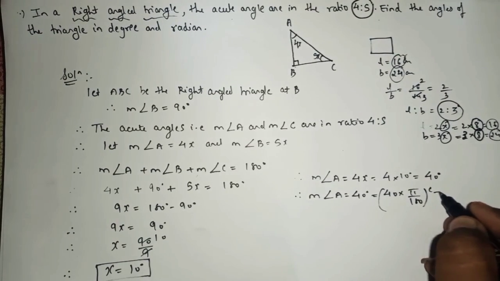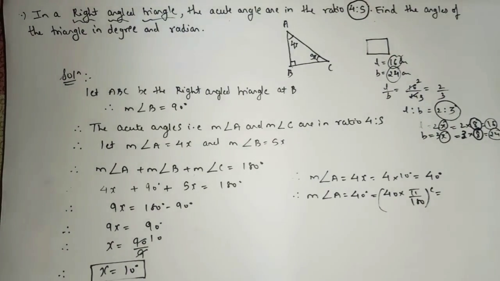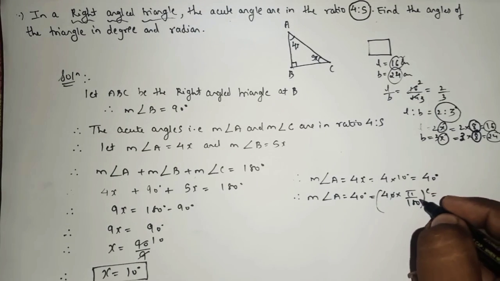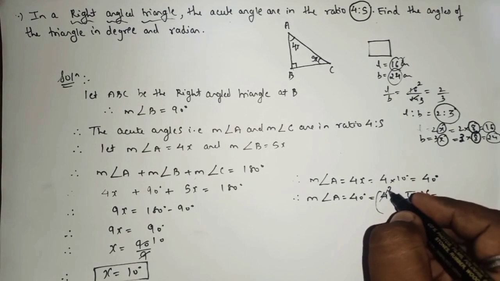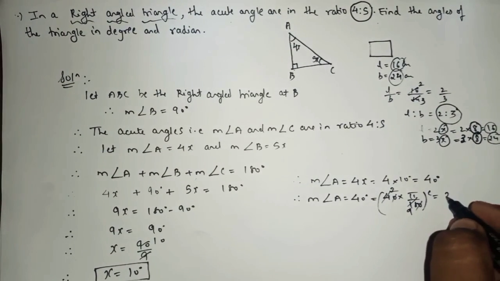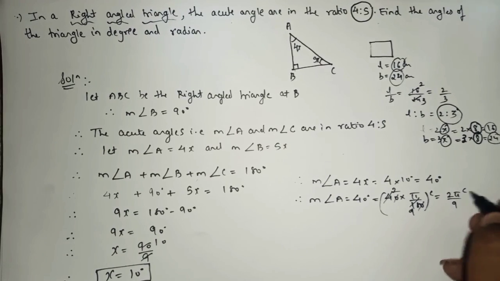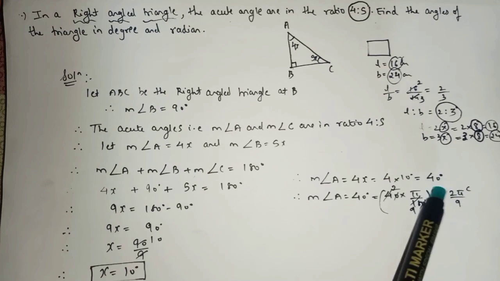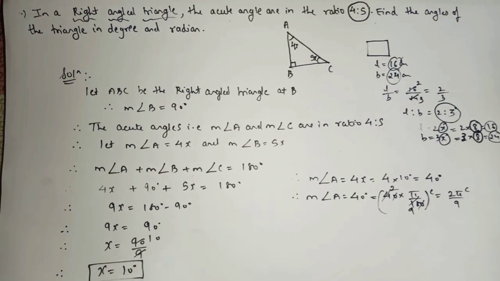Simply multiply the number by pi by 180. The 0 will get cancelled, 2 2s are 4, 2 9s are 18, so you will be left with 2 pi by 9 radian. So the measure of angle A in degree is 40 and in radian it is 2 pi by 9.